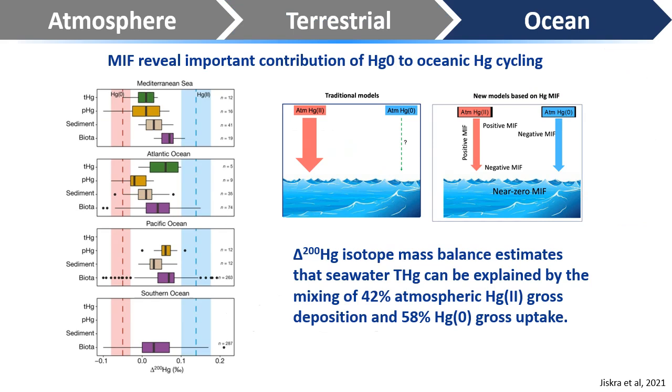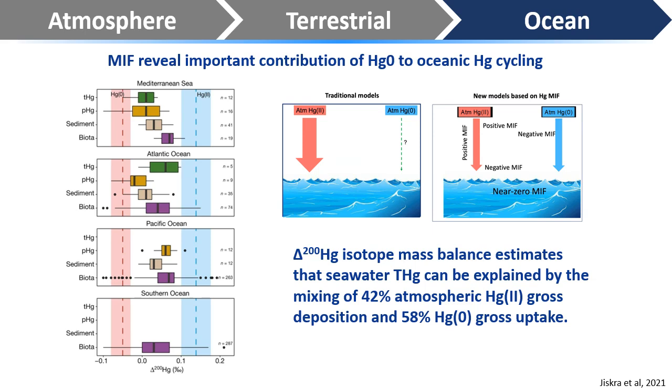Okay, multidimensional fractionation of mercury isotopes is particularly useful for tracing the mercury cycle in the ocean. So this is another successful application. What we can see in the left picture is that almost all ocean samples, including seawater, biota, and sediments, display even MIF values in between those of atmospheric elemental mercury on the left and atmospheric mercury 2+ values on the right.